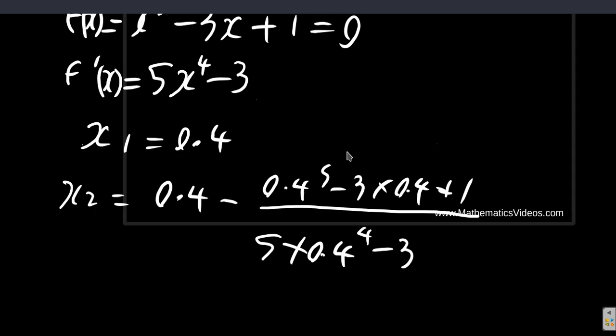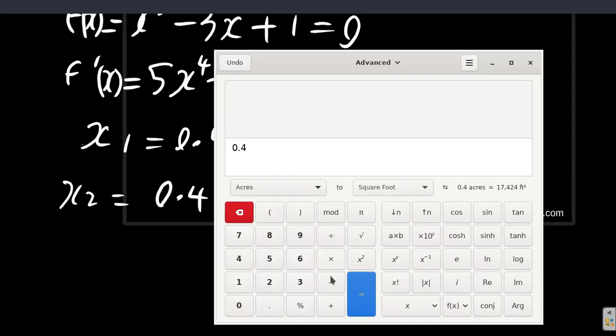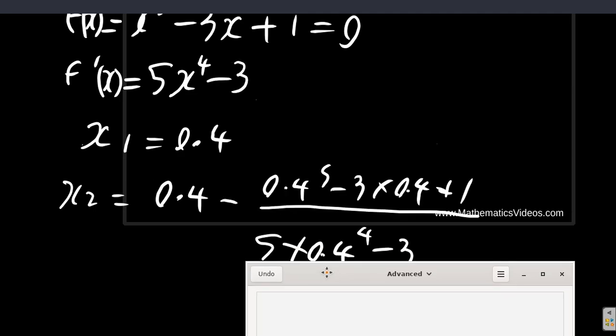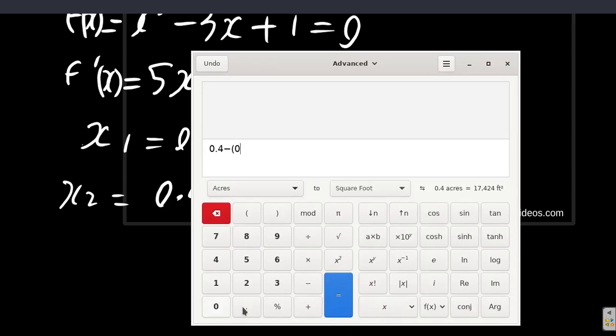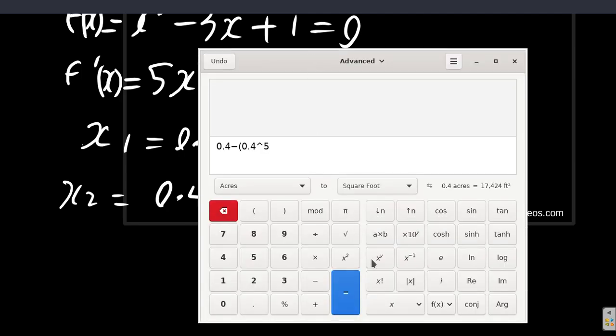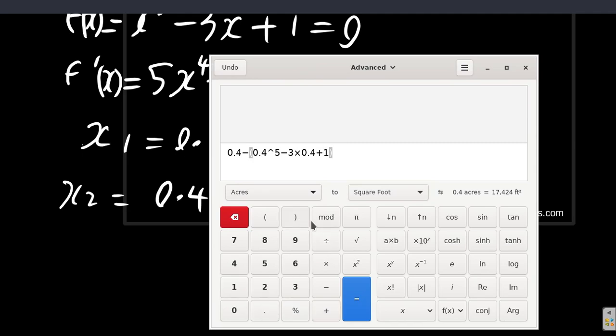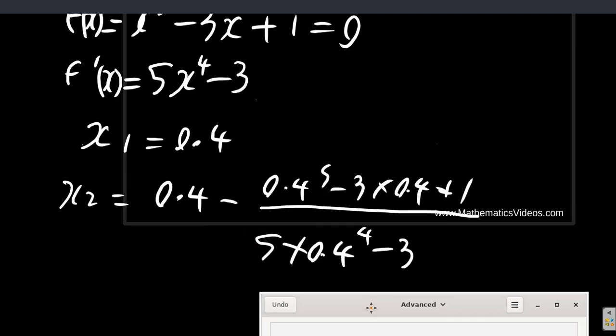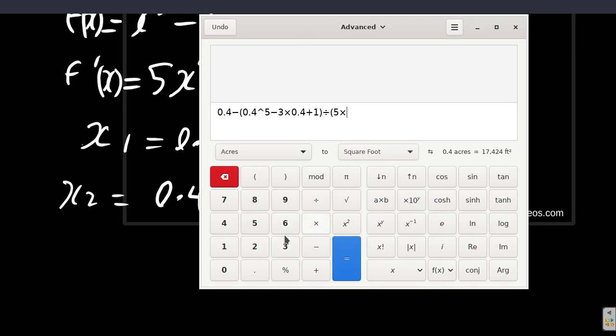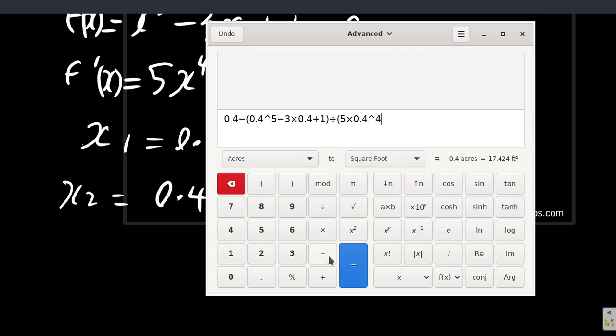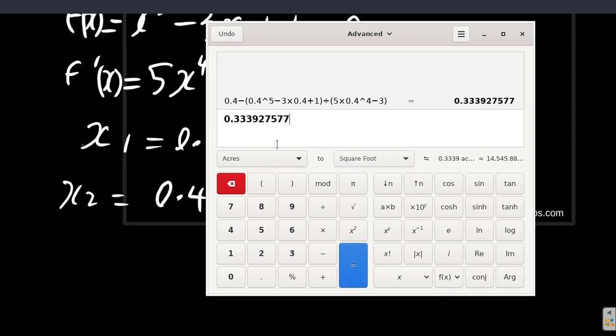We have 0.4 minus open bracket 0.4 to the power of 5 minus 3 times 0.4 plus 1, close bracket, over open bracket 5 times 0.4 to the power of 4 minus 3, close bracket, equals 0.334.